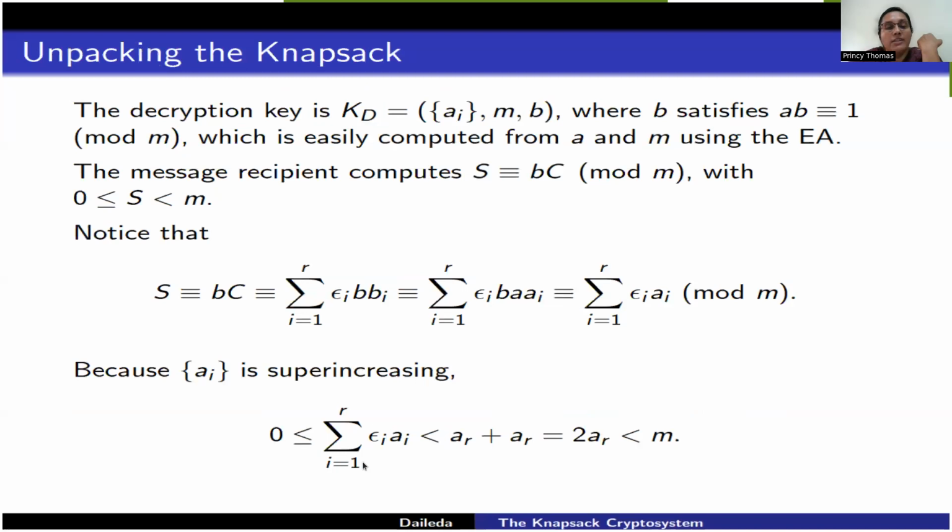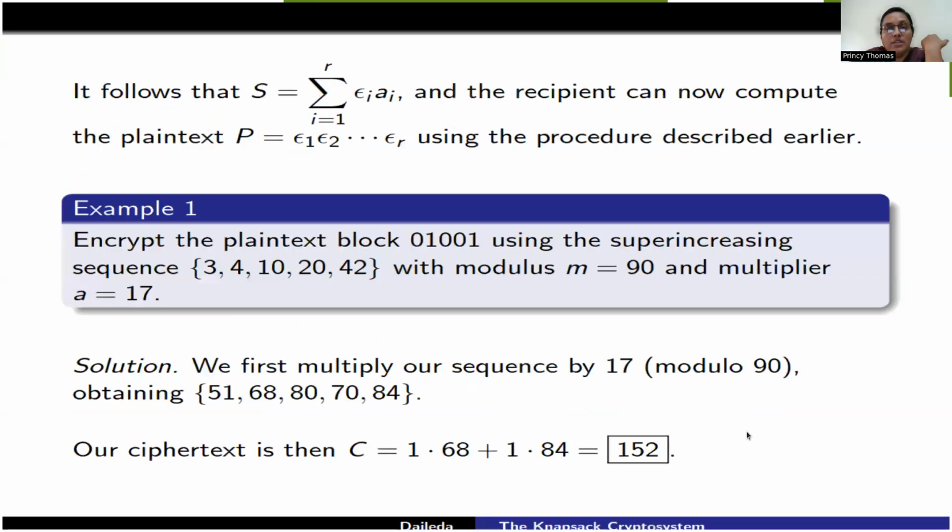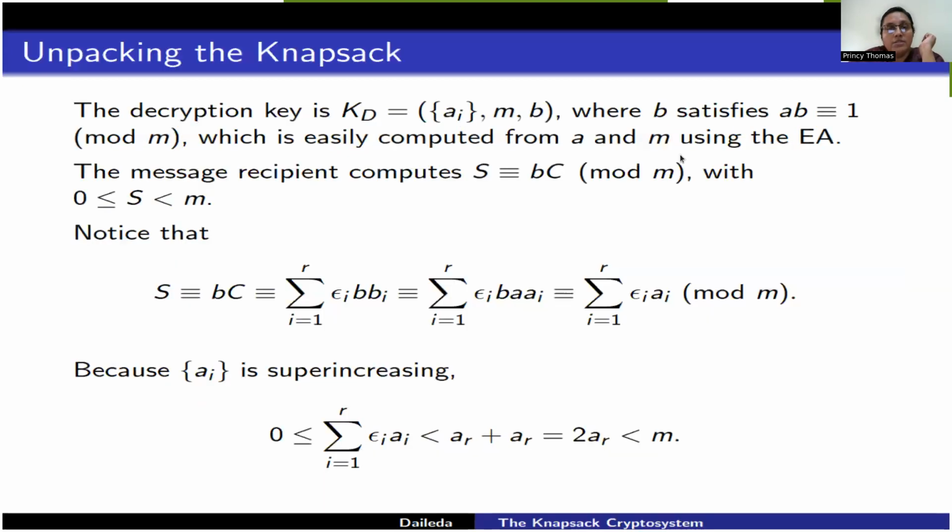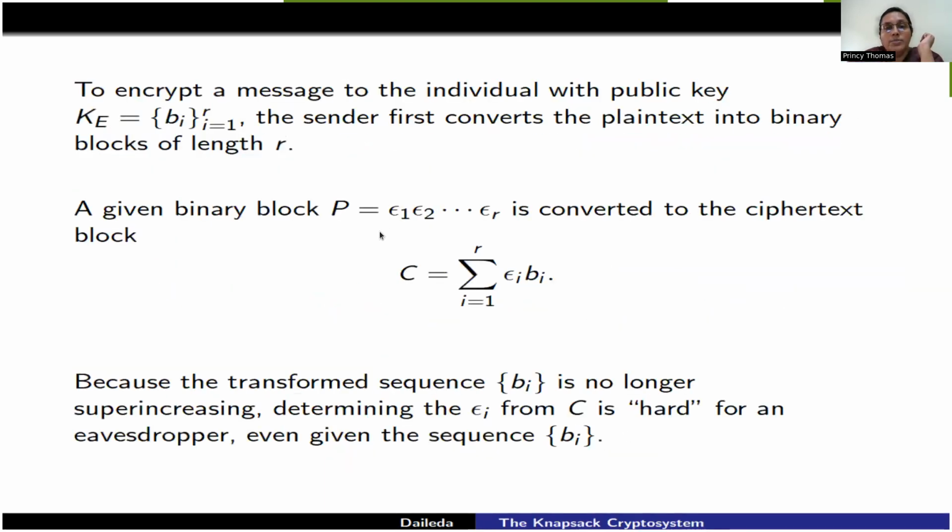From that, we can calculate the original message. It follows that S is equal to the sum of epsilon_i a_i, where i is from 1 to r. Now the recipient can compute each epsilon_1, epsilon_2, up to epsilon_r using the procedure described.